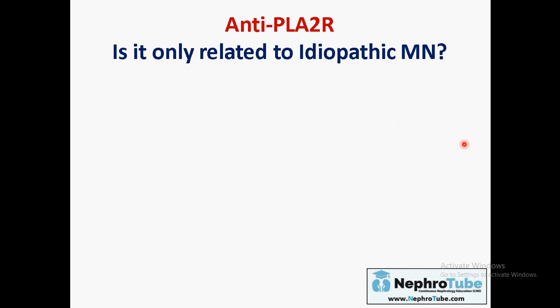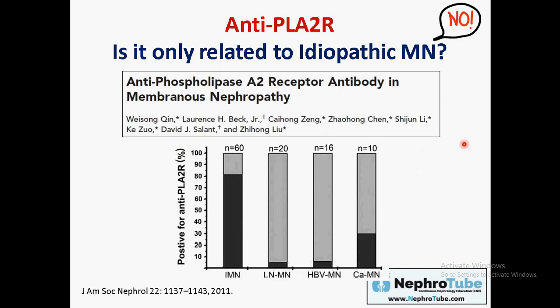The question is, regarding anti-phospholipase A2 receptor antibody, is it only related to primary membranous nephropathy? The answer is no. There are multiple small trials that showed that anti-phospholipase A2 receptor antibody was discovered in membranous nephropathy secondary to other diseases.